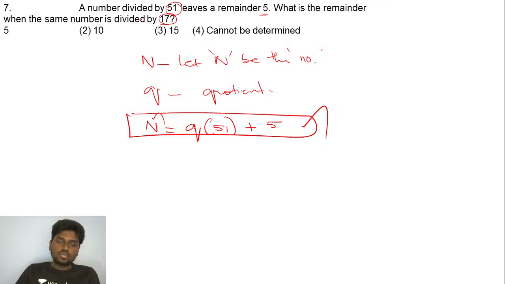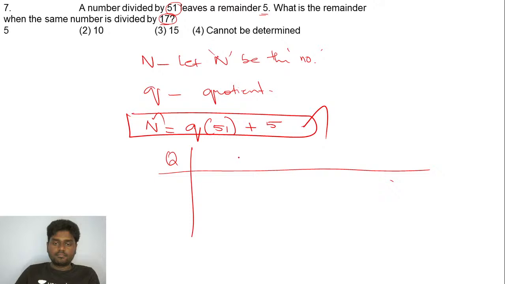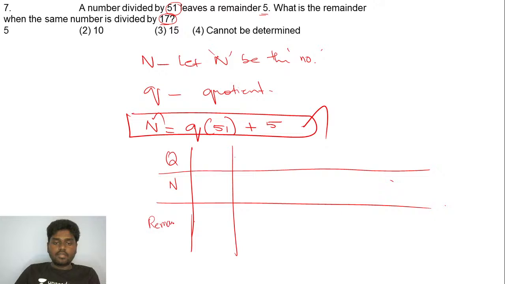So let me try to do it in the form of a tabular column. Let me take the first row to be q, the second row to be the number, and the third row to be the remainder when you divide it by 17.